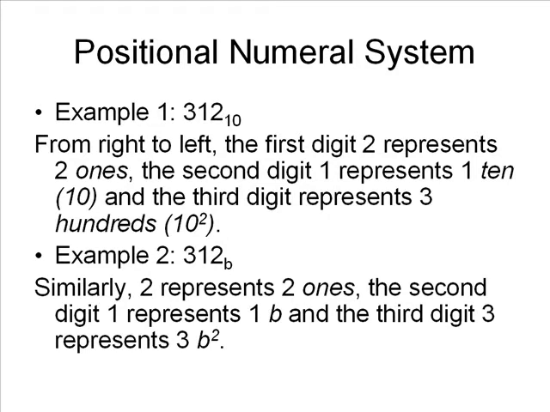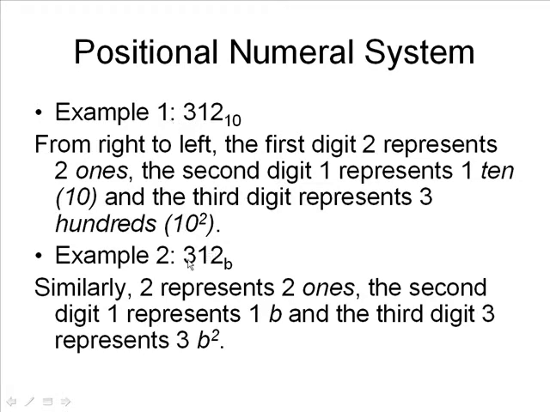The second digit 1 represents 1 ten, and the third digit represents 3 hundreds. So from right to left, those digits represent 1, 10, 10 squared, 10 cubed, 10 to the fourth, and so on.